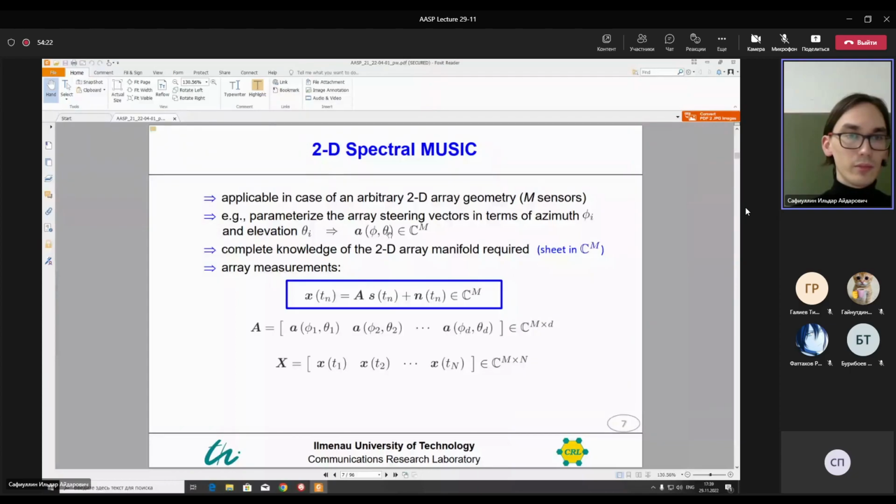Before we had only the theta angle, and instead of a 1D manifold, which we assumed as a rope before in the 1D case, here we will have this manifold as a sheet in complex plane of size M. So we have the same measurement vector, but of course for A we need to add phi 1, theta 1 up to phi G, theta G.